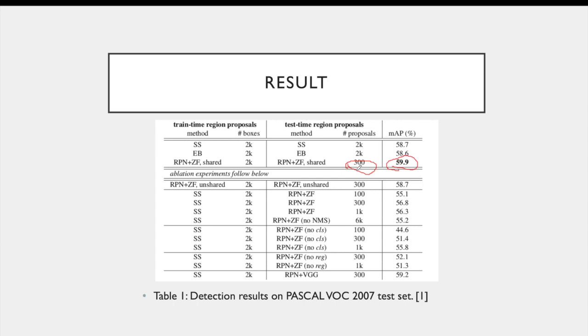Using the RPN yields a much faster detection system than using either the selective search or the other methods because of the shared convolution computation. It actually helped a lot on the mAP and also the proposals.